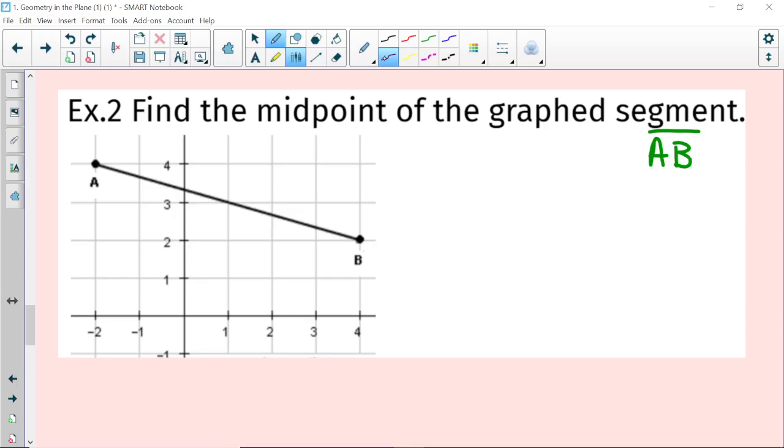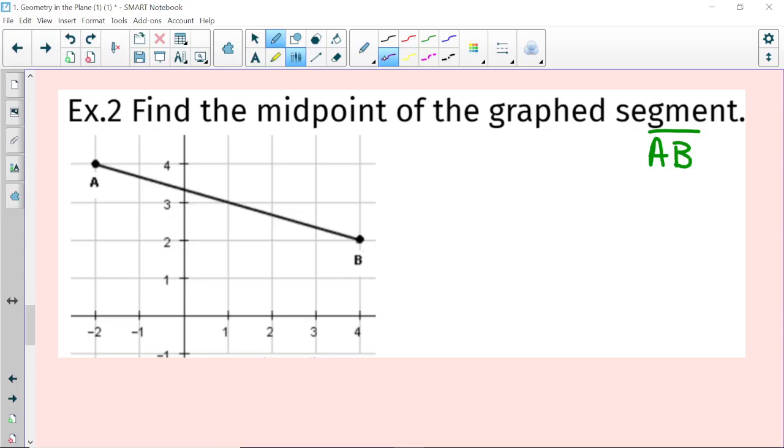When it's a graph like this, you can use your preferred method. Exactly, John. We did do 2 ways in number 1. So which one? Rise over run. Sure, I love doing rise over run. We can absolutely use that slope.